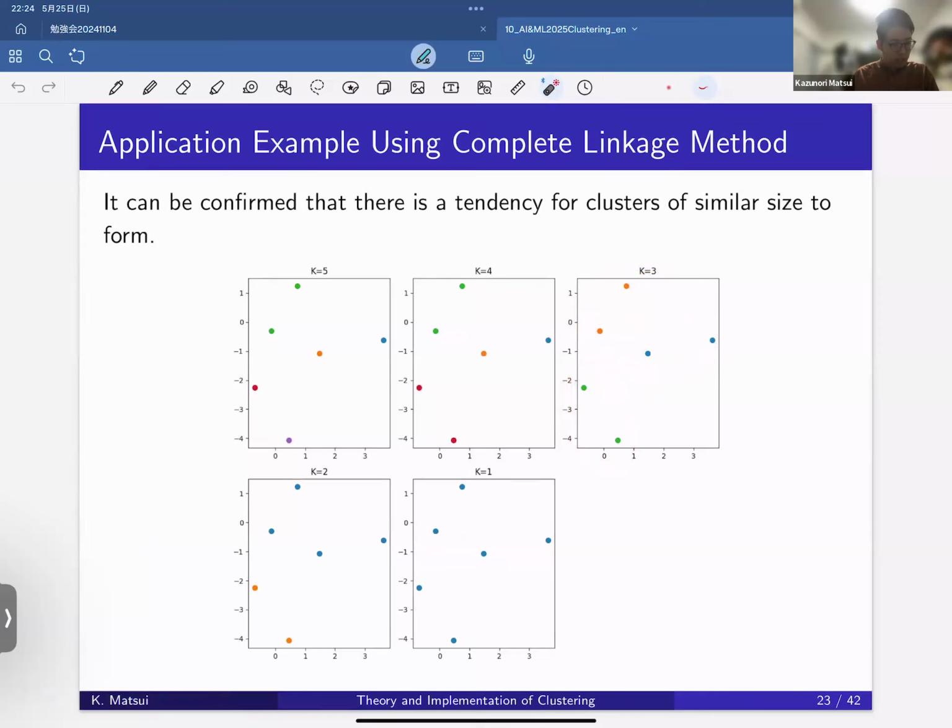Since we take the distance of the furthest data between clusters, when a cluster becomes larger, the furthest place in the cluster is adopted as the distance when we measure distance between data, so that cluster becomes difficult to grow. This is why clusters of similar size tend to form.